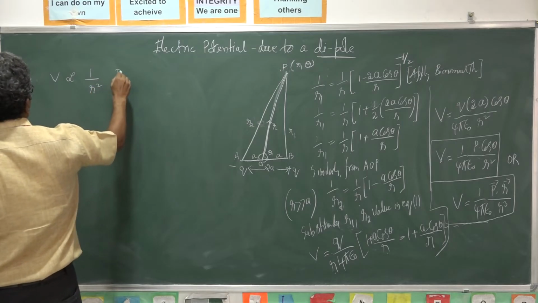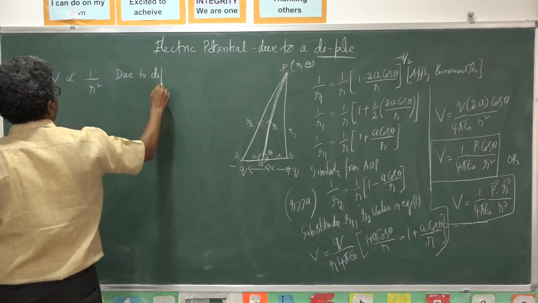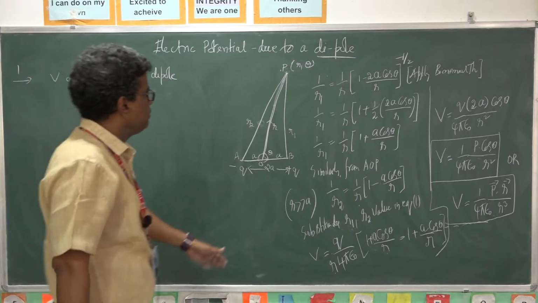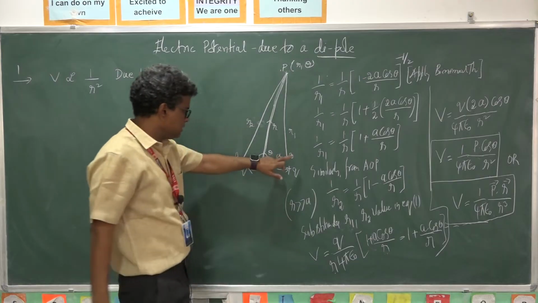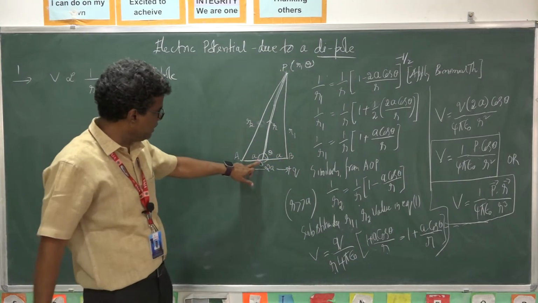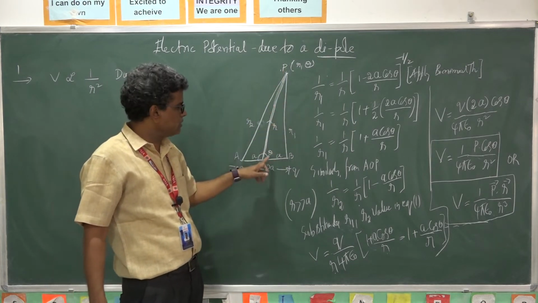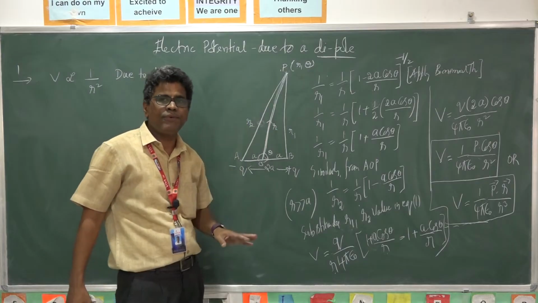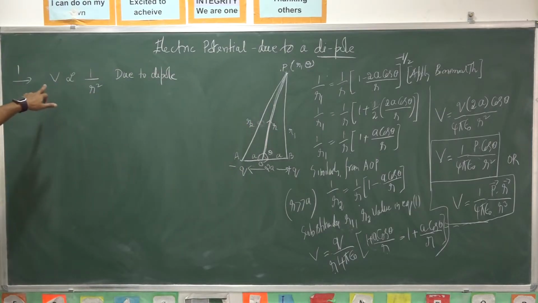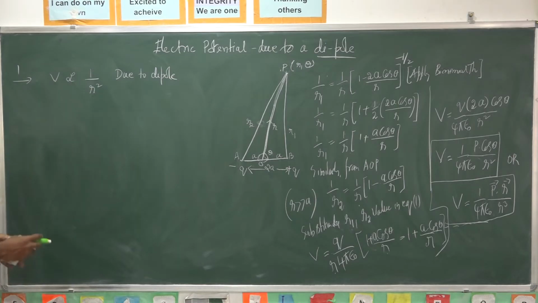This is due to a dipole. This is the point you have to notice. That is, as the position vector increases, as you move away from the dipole, the potential decreases rapidly. How it decreases? V is inversely proportional to R square.